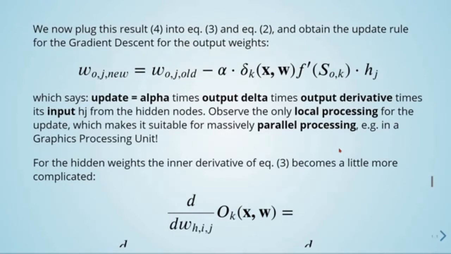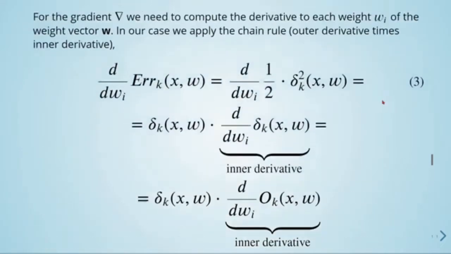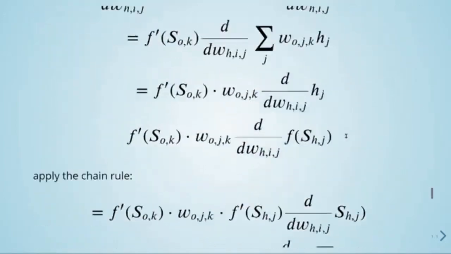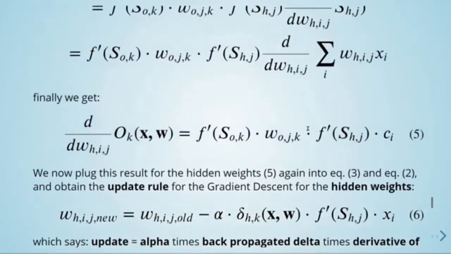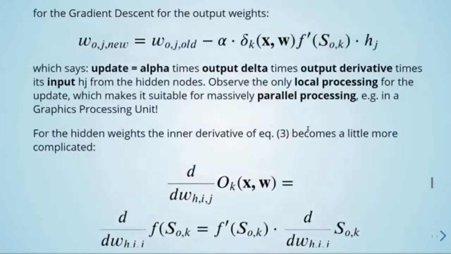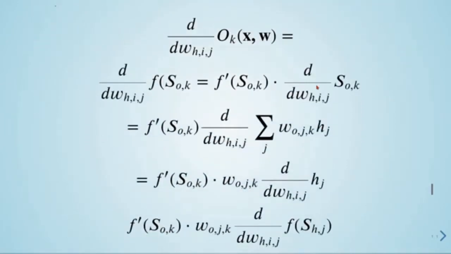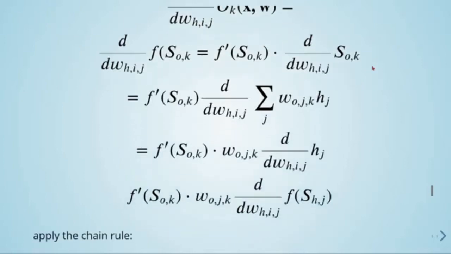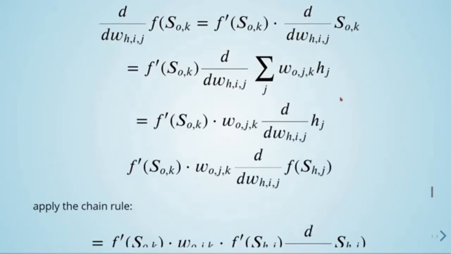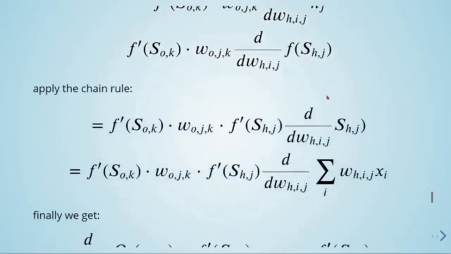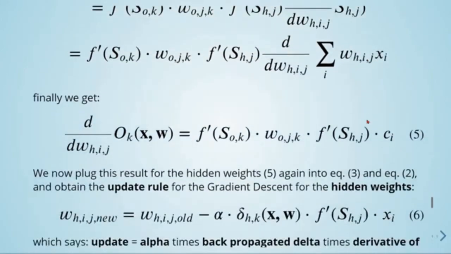For the hidden weights, the inner derivative of equation 3 becomes a bit more complicated. So we have here the derivative with respect to the weights, output k, then we have all these manipulations here, and we apply the chain rule, and we will finally get this equation here.